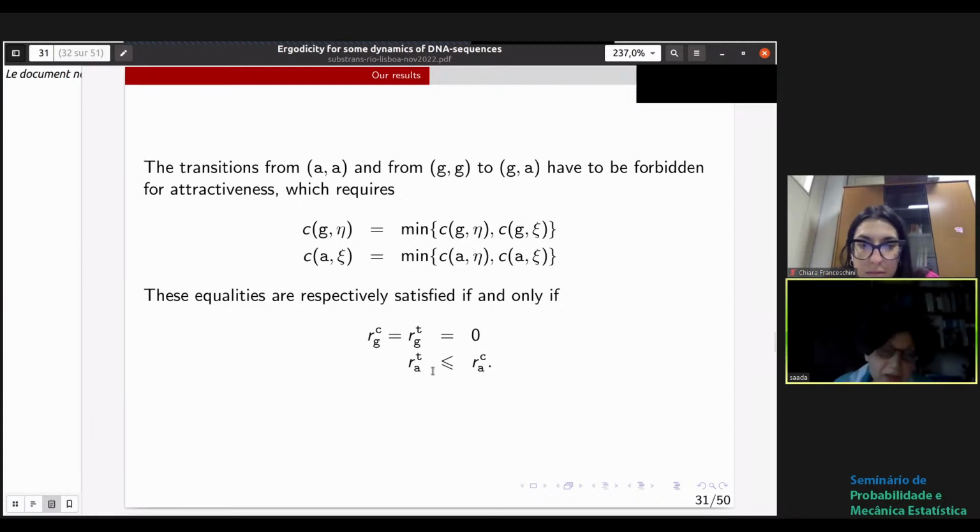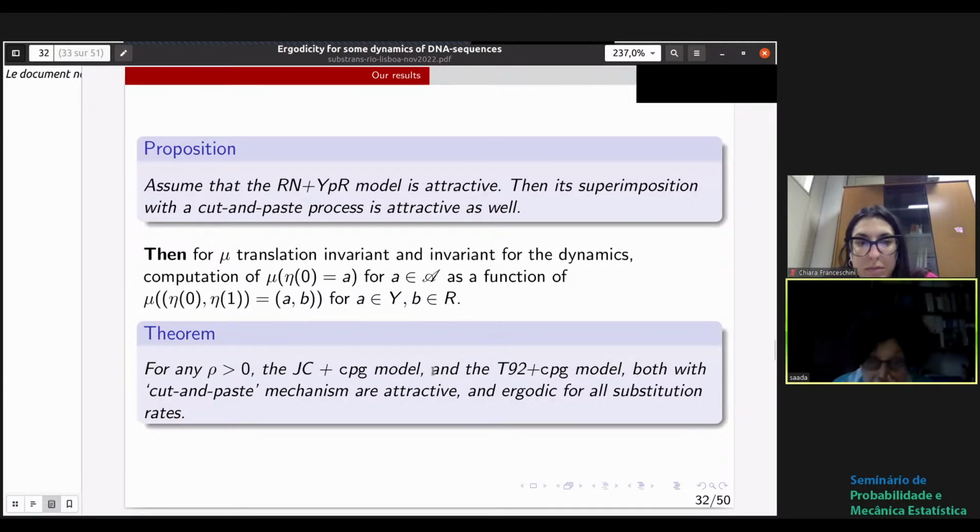And same thing to get the others. Also we know that if the substitution model is attractive, then superposition with cut and paste is also attractive, because cut and paste is attractive. If we do basic coupling on both, we just have the addition of 2 attractive dynamics, so it will be attractive. So then once it's attractive, we want to apply our proposition from before.